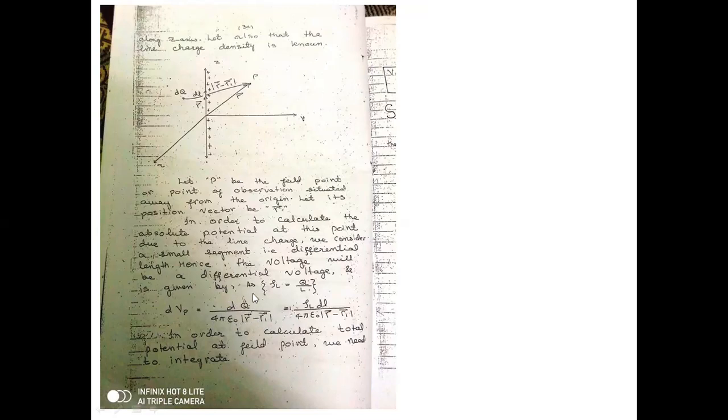Now we have to replace this q with the line charge density, because now the charges are distributed along the line, so the point charge will not be valid over here. Replace it by line charge density: rho l dl over 4 pi epsilon naught |r minus r1|. Now to find the net potential of the whole length, apply the integration.